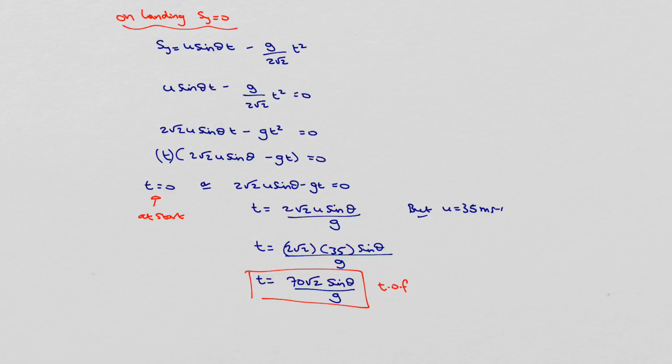Okay, so what we now can look at is our second piece of information, which is our landing angle. And we saw that the landing angle L is equal to 45 degrees. But of course, what is the landing angle? Well, tan L is equal to minus Vy over Vx.